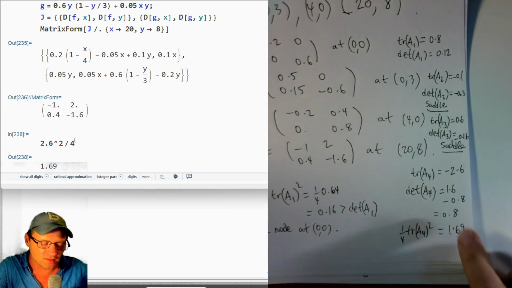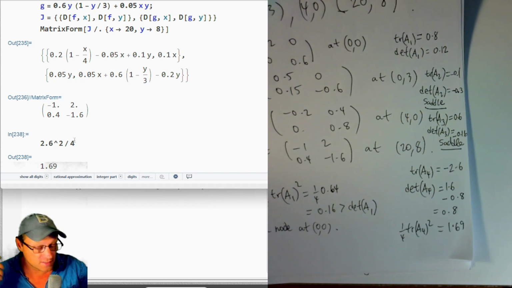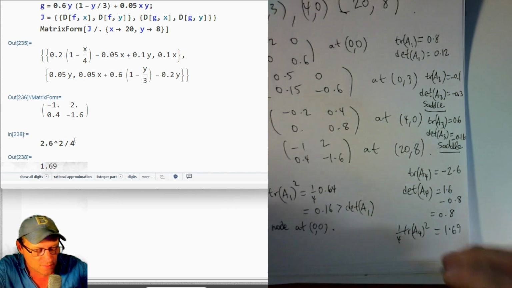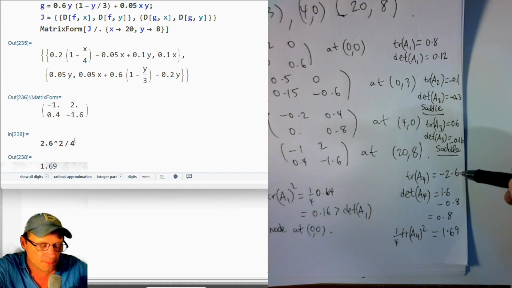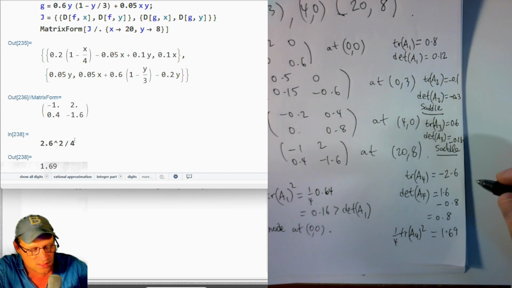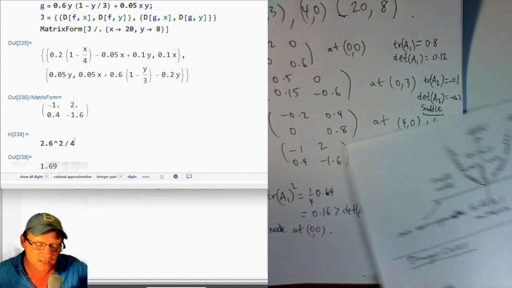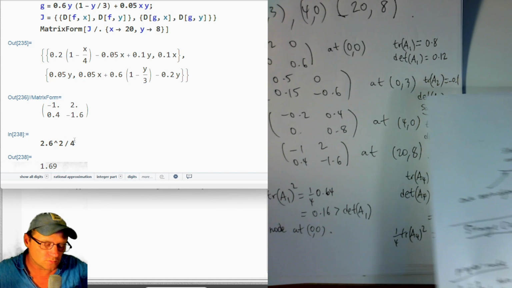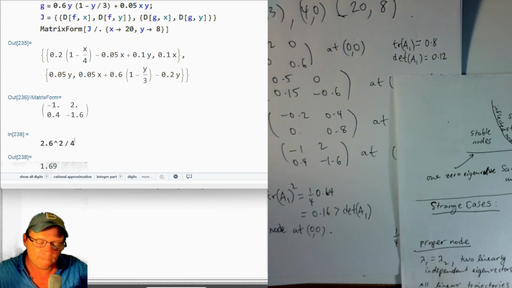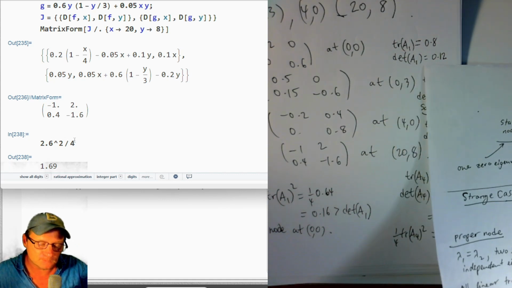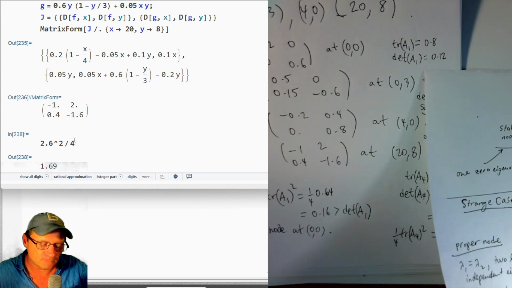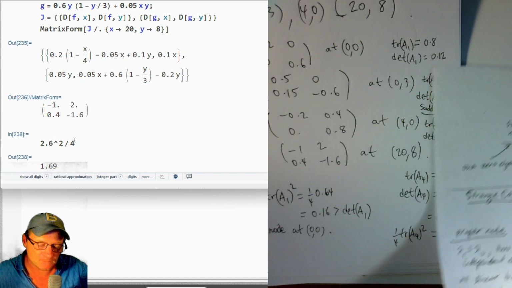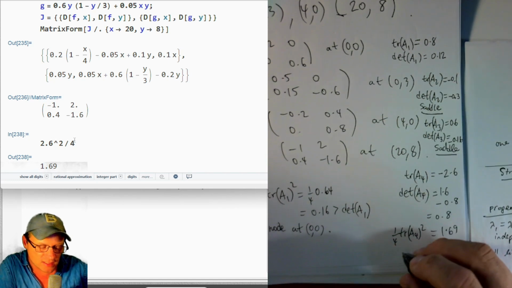Okay, so we need to compare this against the determinant 0.8. So a quarter of the trace squared is the bigger one. So this should be a stable node because that trace is negative. Yeah, so I believe that this is a stable node.